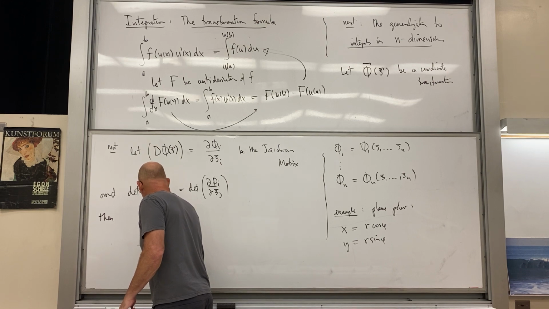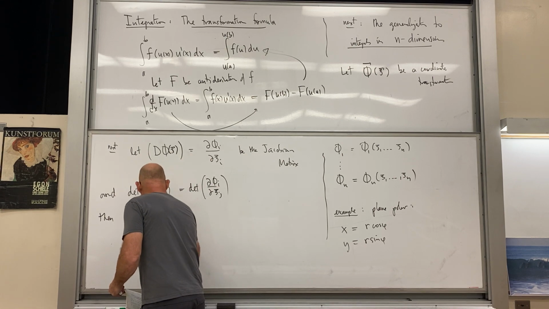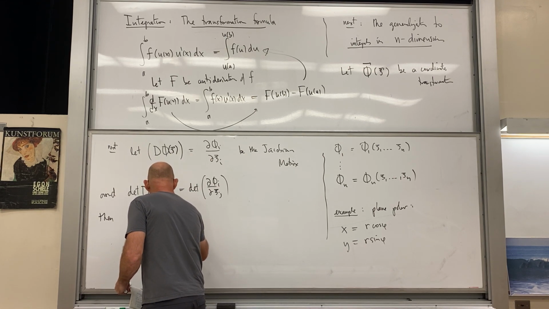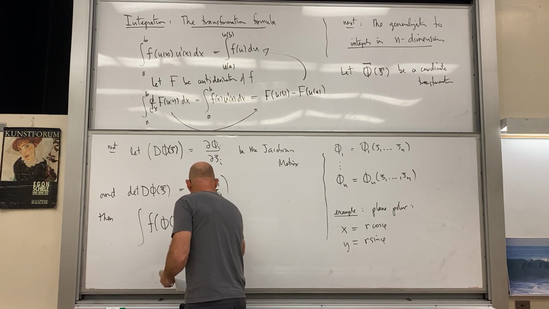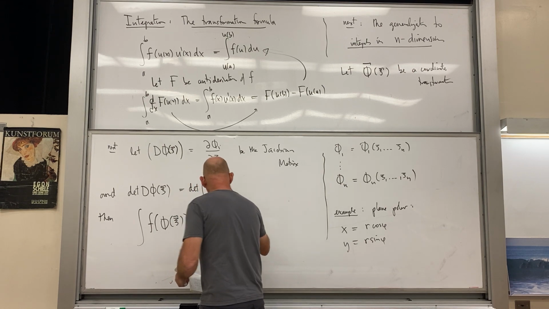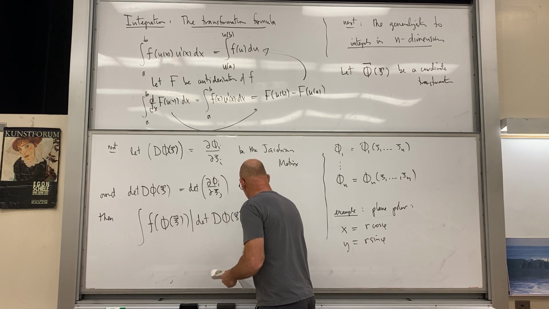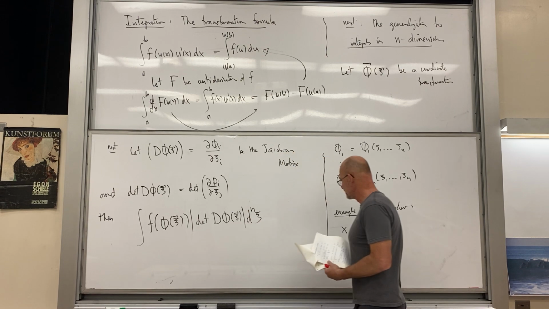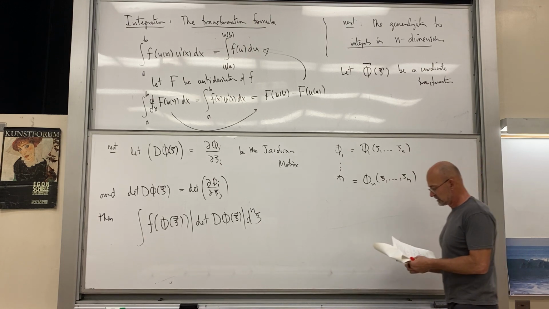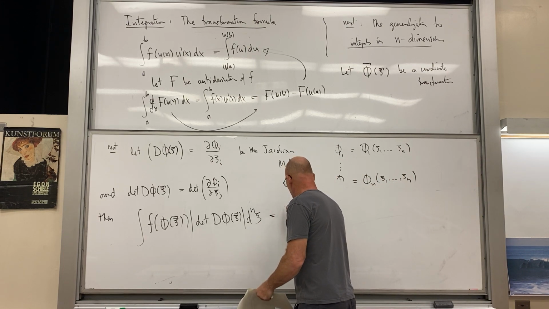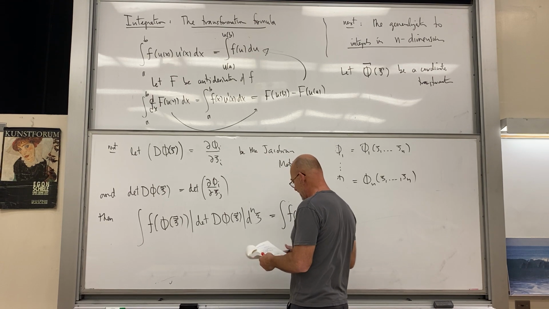So we're going to have an f of phi of c, and then the absolute value of the determinant of d phi of c, and that's an n-dimensional integral d^n c, equals the integral of f of y d^n y.